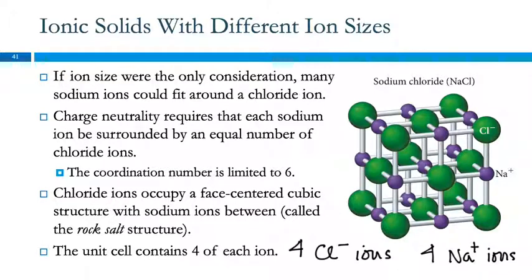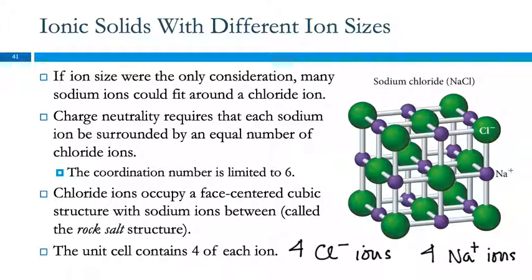The coordination number here is only 6, less than in the previous example. This is called a rock salt structure, and there are other compounds that take on this structure. So what kind of packing? This is not closest packed.